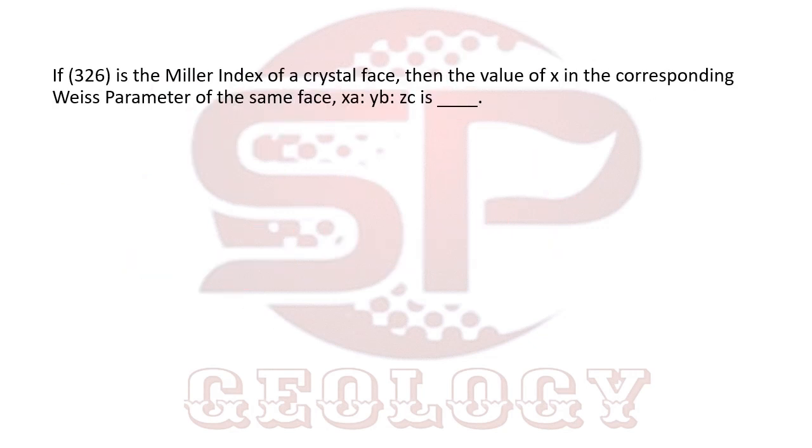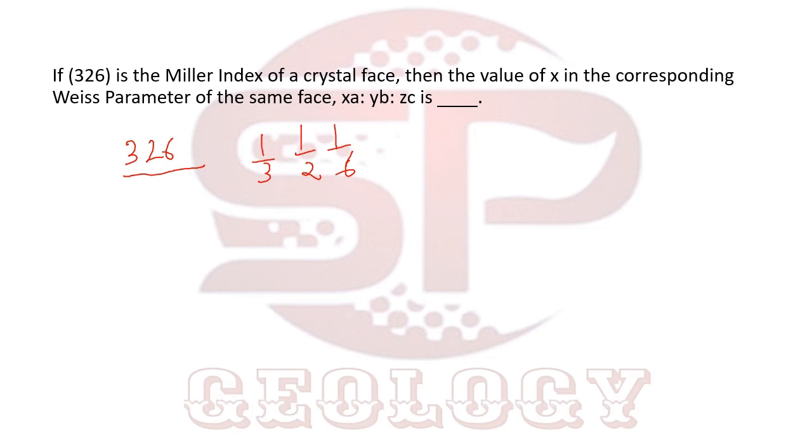Then, if 3 2 6 is the Miller index of the crystal phase, then what is the value of X in the corresponding Weiss parameter of the same phase, XA, YB, ZC. If you have Miller indices, then we can calculate the Weiss parameter. It is the reciprocal of Miller indices. 1 by 3, 1 by 2, 1 by 6 we can take.